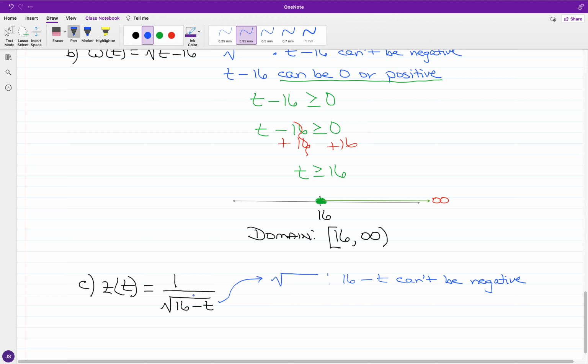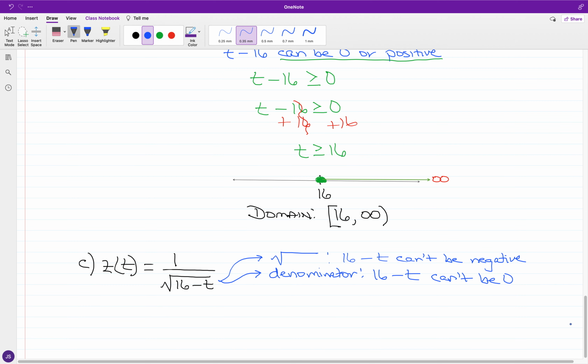And if you notice, because of the location, since 16 minus t is in the denominator of a rational expression, and because you cannot divide by 0 in the real number system, you cannot have the square root of 0 here. So 16 minus t cannot be 0. It cannot be negative, cannot be 0. So that leaves only one possibility here.